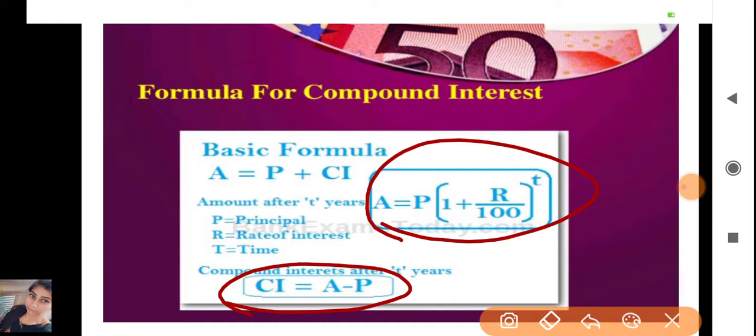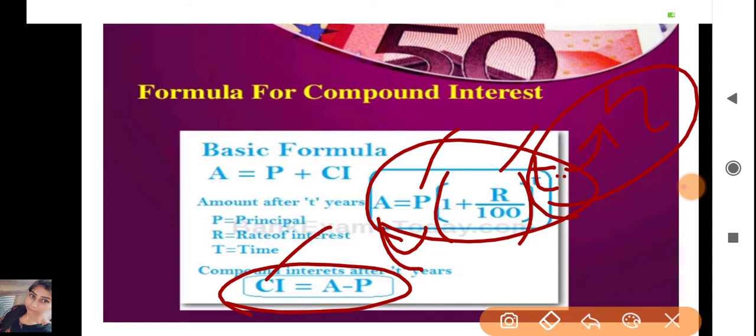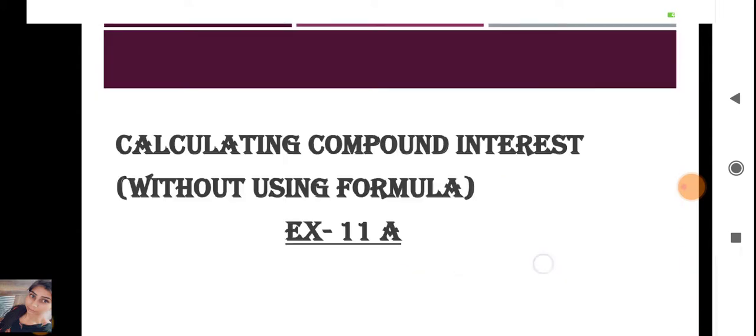All the other formulas that we are going to use in this chapter will be based on these formulas only. A is equal to P bracket 1 plus R by 100 raised to T. Sometimes in place of this T we use N also. This is the same. Either you can use T or N, it doesn't matter. Here P is principal, R is rate of interest, T or N, as I've already told you, is time, A is amount, CI is compound interest.